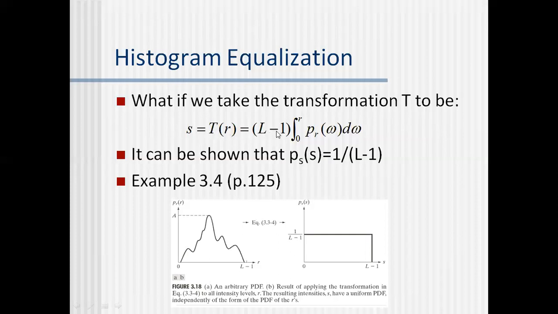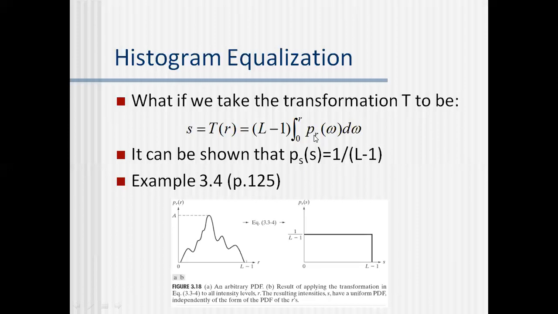That is equal to the total number of gray levels, L minus 1, times the integral starting from the initial value to its higher value. It may be L minus 1 or it may be some other total input pixels, that is up to R, of the probability function P of omega d omega, where omega is the dummy variable of any input function.